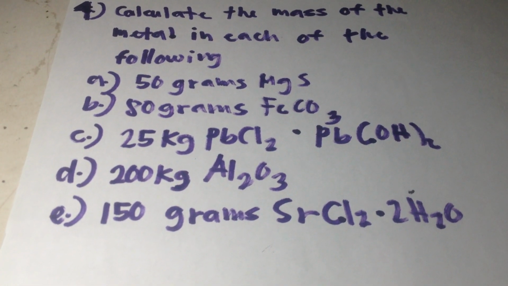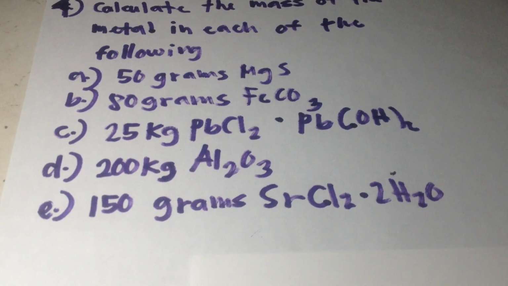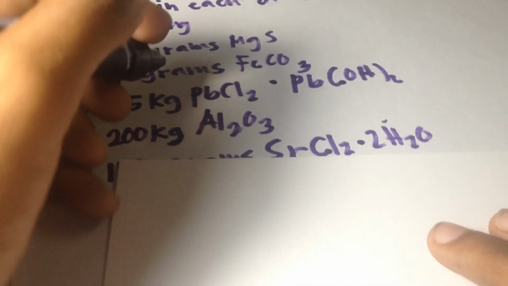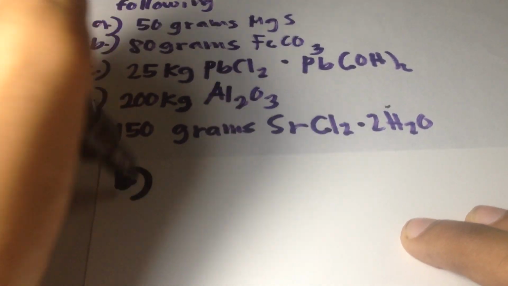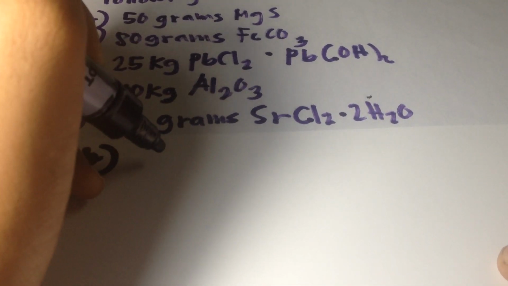In letter B, they have 80 grams of iron(II) carbonate. So we'll first find the formula mass.